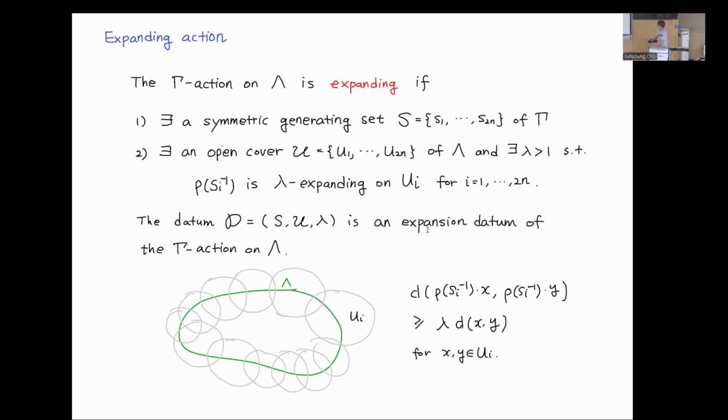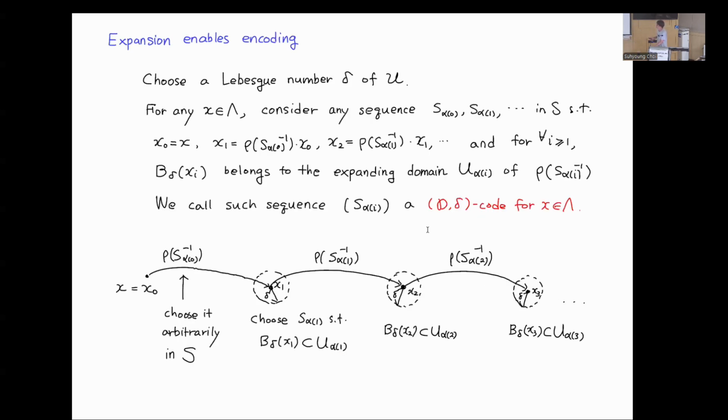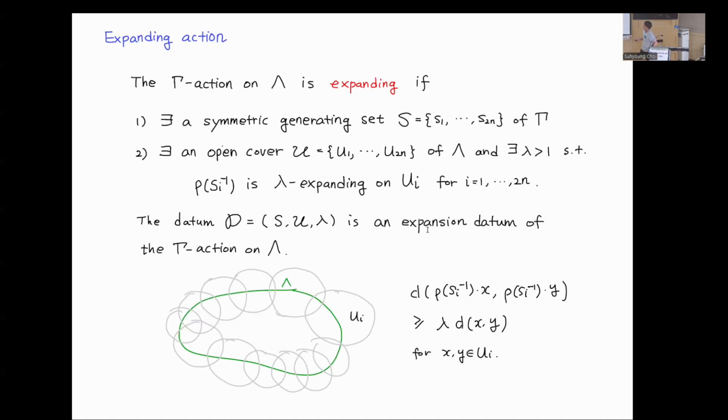Okay, so this is an expanding action. If you have an expanding action, then you have the data: the symmetric generating set, the open cover, and the expanding factor.